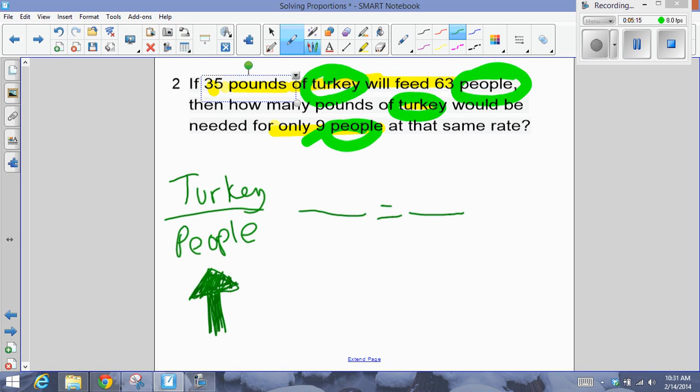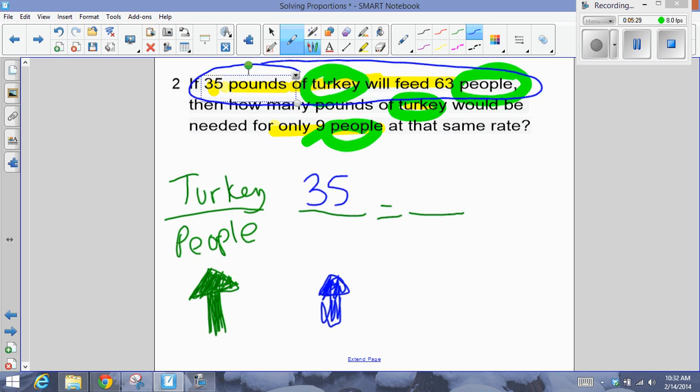So turkey and people. So my first ratio is going to be this given information up here. 35 pounds of turkey, so turkey goes on top, feeds 63 people.